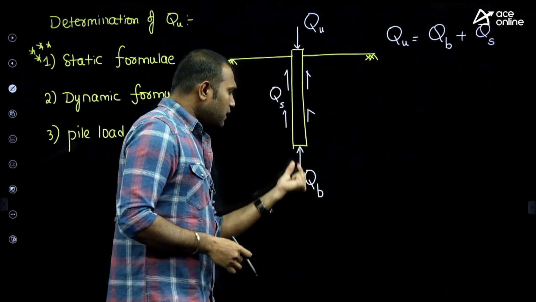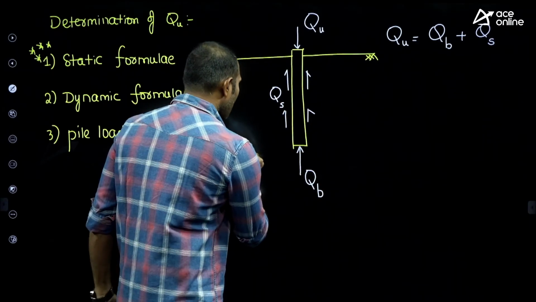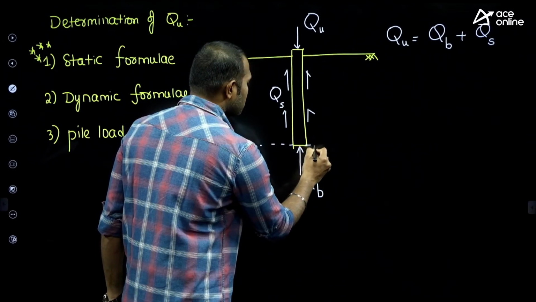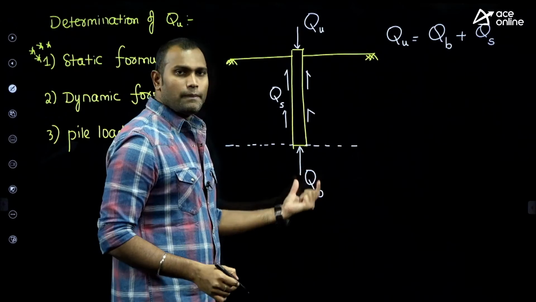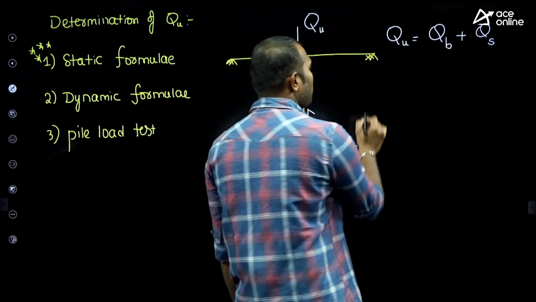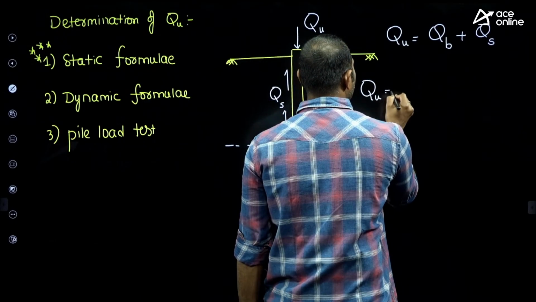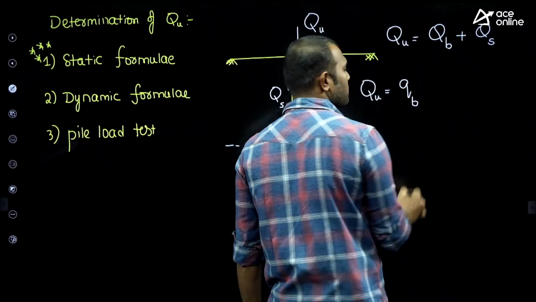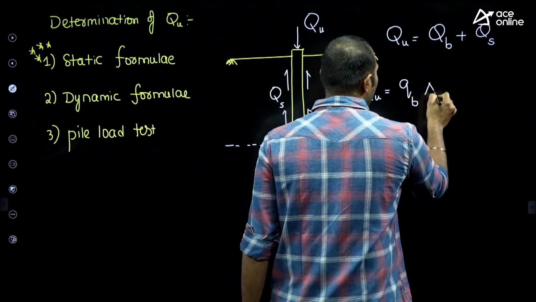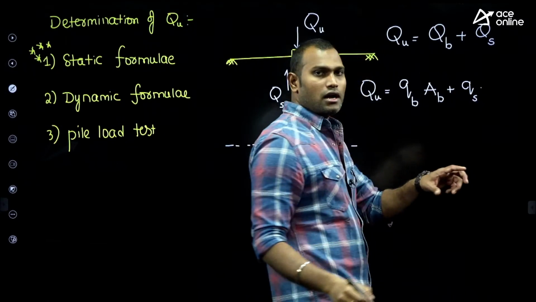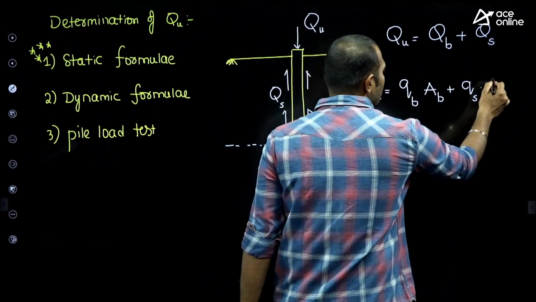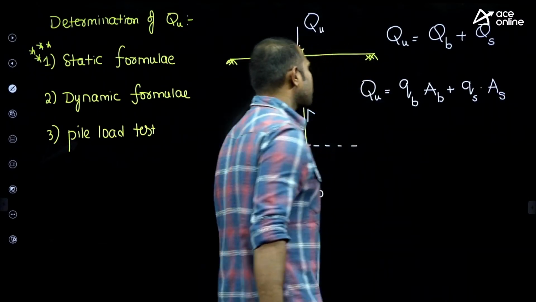The point bearing resistance is all about the bearing capacity of the soil at the pile tip. So QU equals small qb, the bearing capacity, into area at the base, AB, plus small qs, the frictional resistance, into surface area AS.